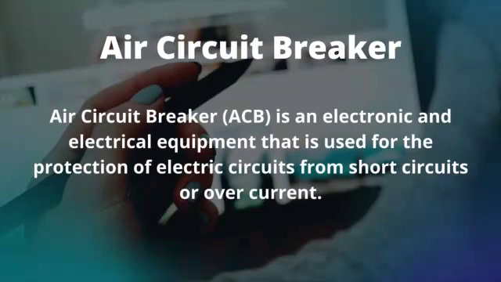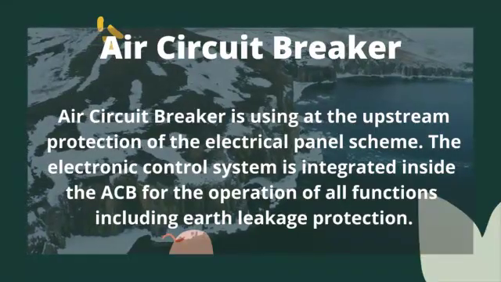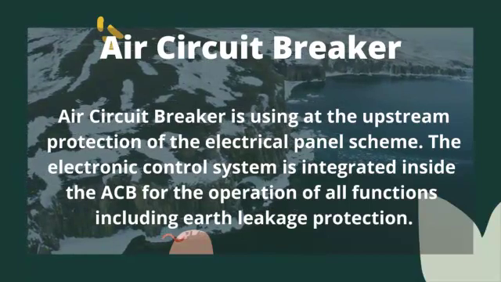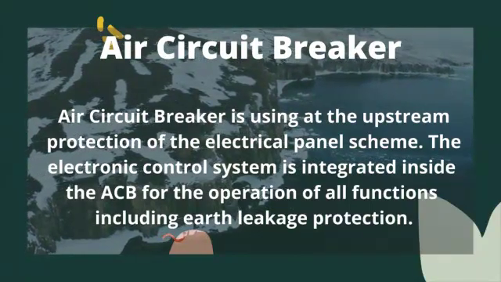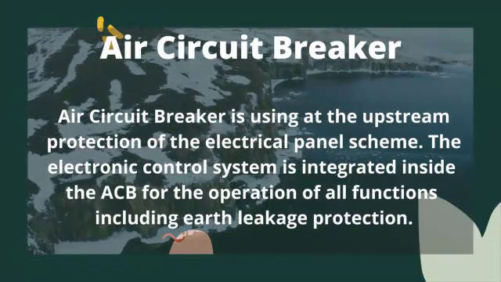Air circuit breaker is an electronic and electrical equipment that is used for the protection of electric circuits from short circuits or overcurrent. Air circuit breaker is used at the upstream protection of the electrical panel scheme.